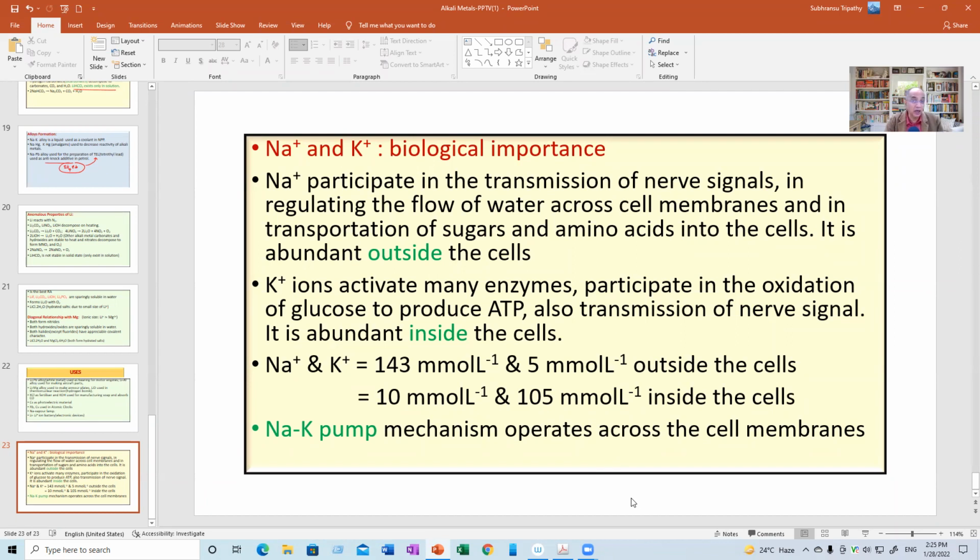So it cannot be more than the prescribed level or less than that. So balancing, electrolyte test is being conducted in the routine blood analysis of your grandparents. And at the older stage, it is important that potassium sodium balance should be there. And this mechanism that operates in the cell is called the sodium potassium pump mechanism, operates across the cell membrane.